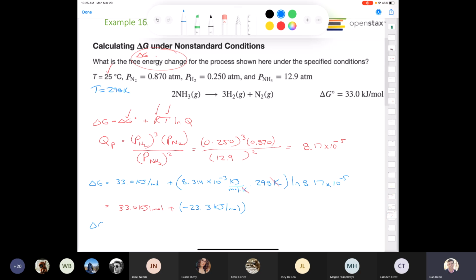And then you get your delta G is equal to 33.0, 33 subtract 23.3. And you end up with 9.7 kilojoules per mole. There we go. All right.